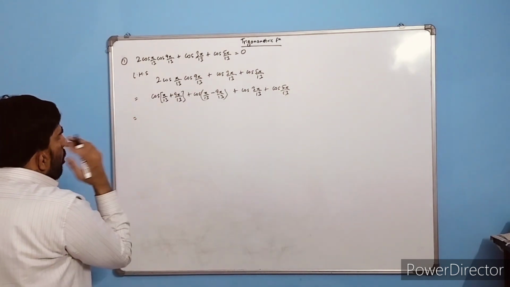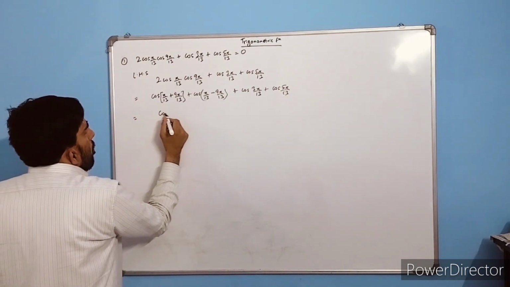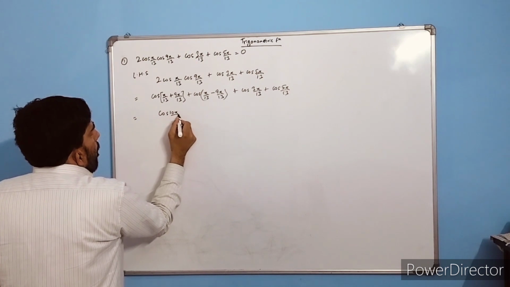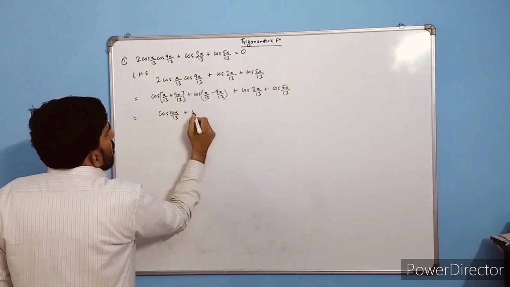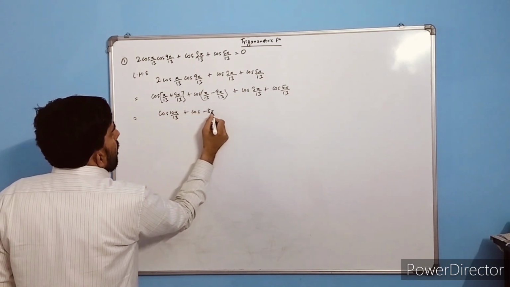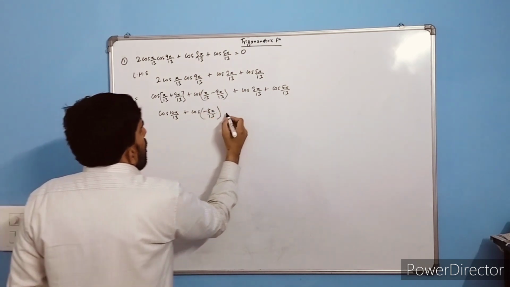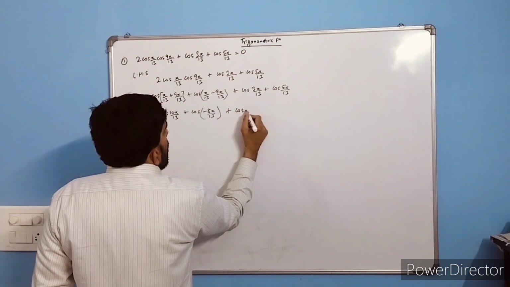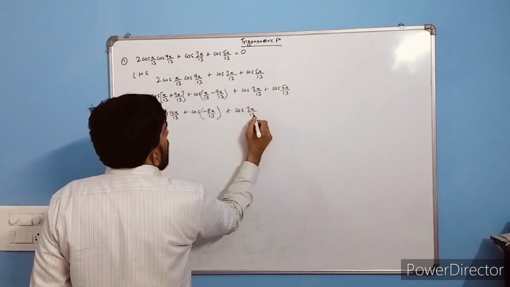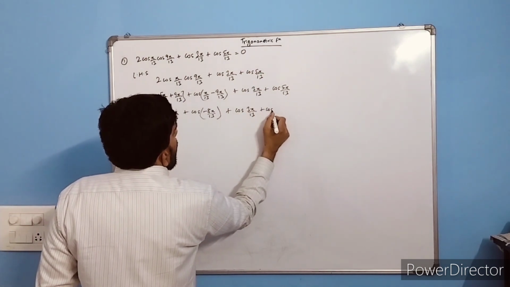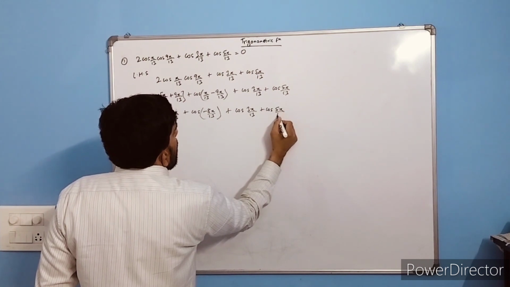Okay. Now here we got cos 10 pi by 13 plus cos minus 8 pi by 13. Okay. Plus cos 3 pi by 13 plus cos 5 pi by 13.